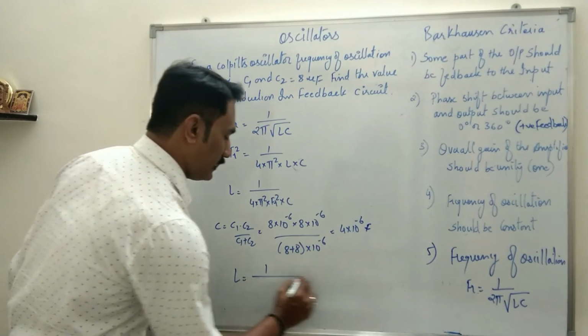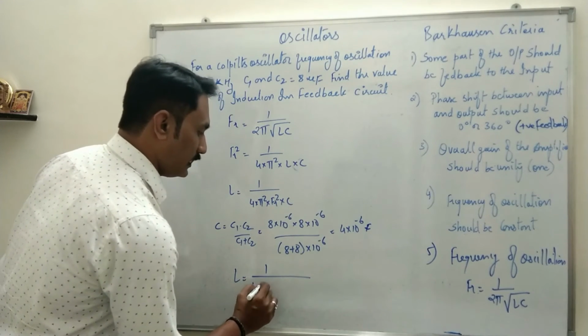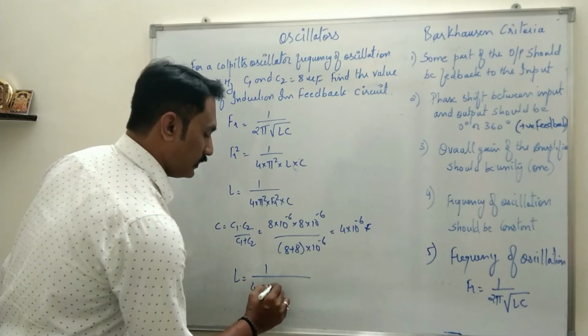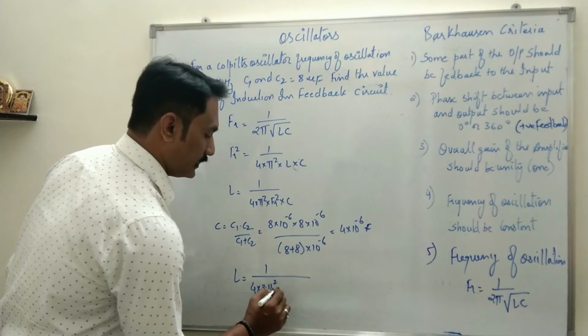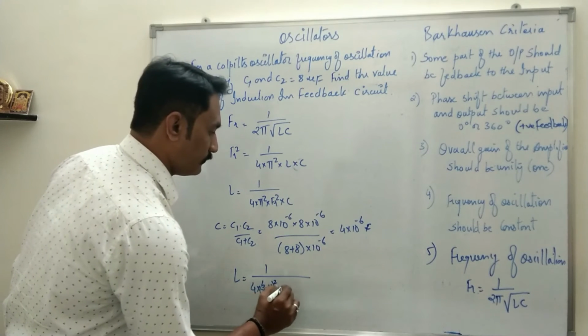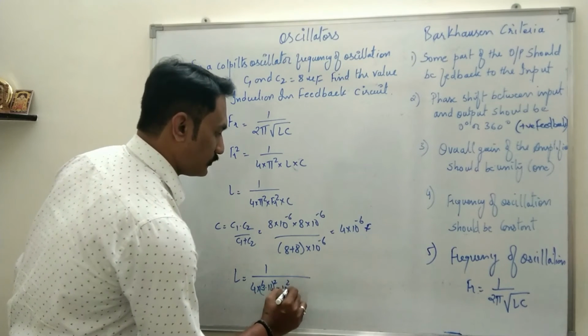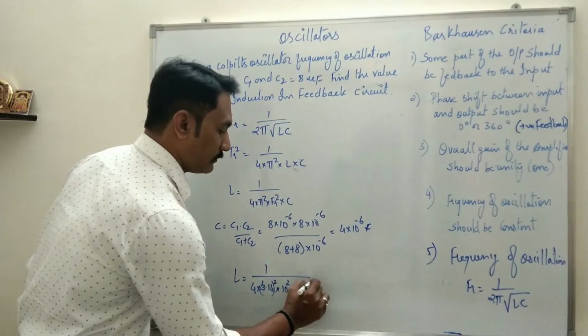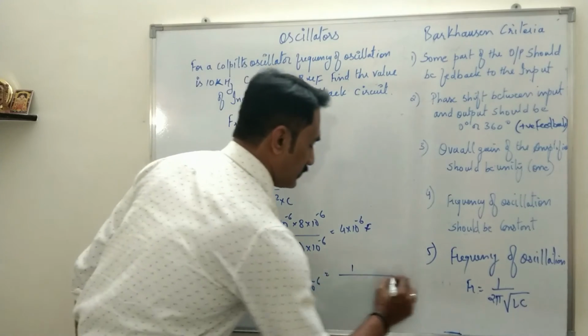L is 1 upon 4 into 3.14 square multiplied by 10 square multiplied by the value of capacitor 4 into 10 to the power minus 6.